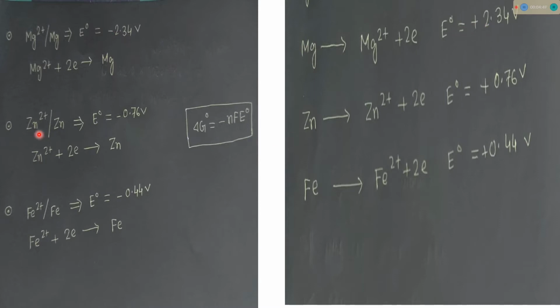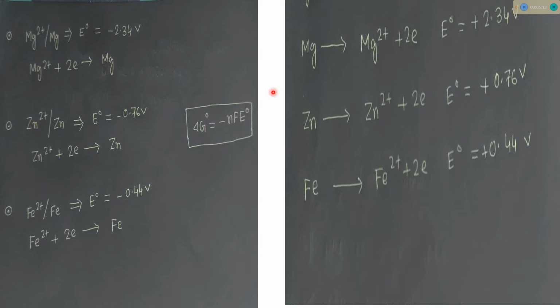Same case for zinc. Zinc converts into Zn2 plus by releasing 2 electrons. So in these three cases the E0 value becomes positive. For magnesium it is most positive, for Fe it is least positive. So from this equation we can say that this reaction is thermodynamically favorable.